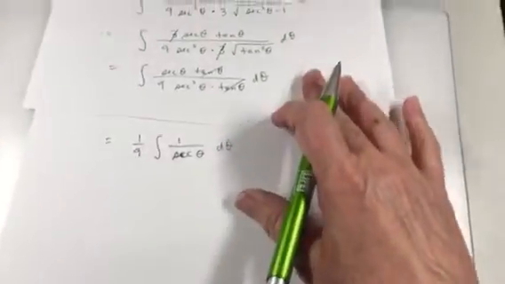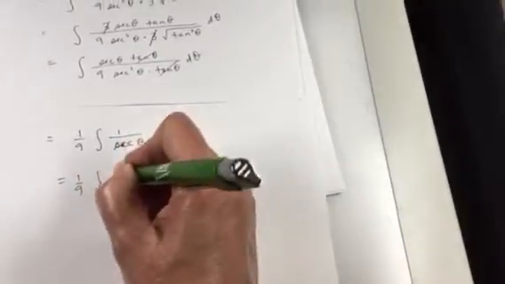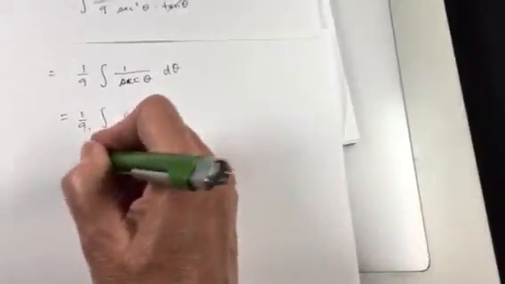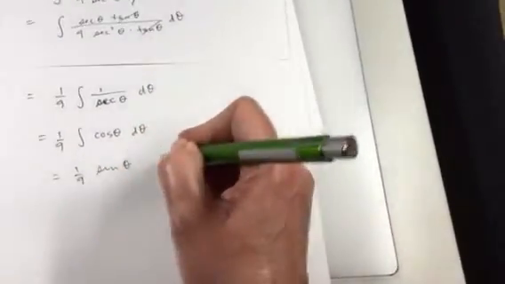What do you do next? 1 over secant theta equals what? Cosine theta. 1/9 times the integral of cosine theta d theta. See, now I can do that integral. What's the antiderivative of cosine? Sine. 1/9 sine theta plus c.